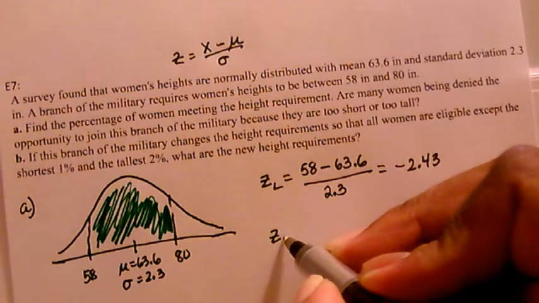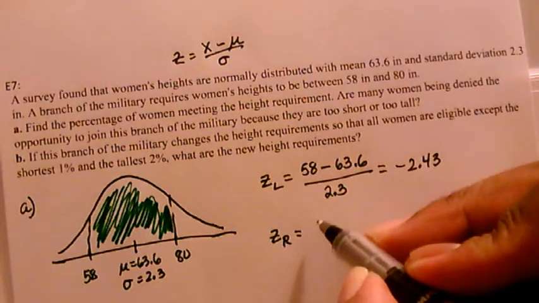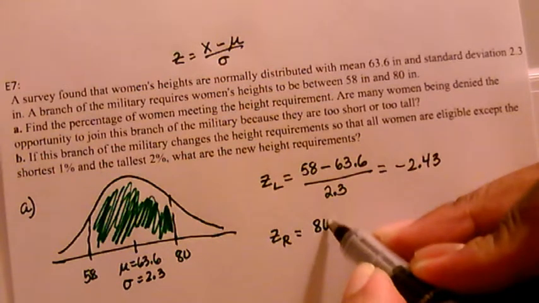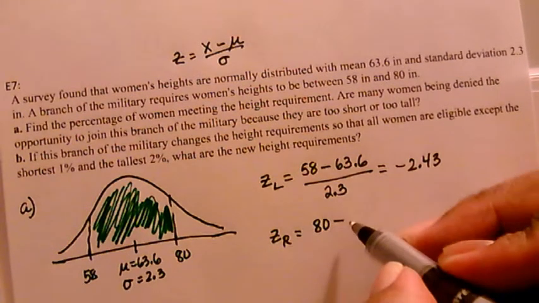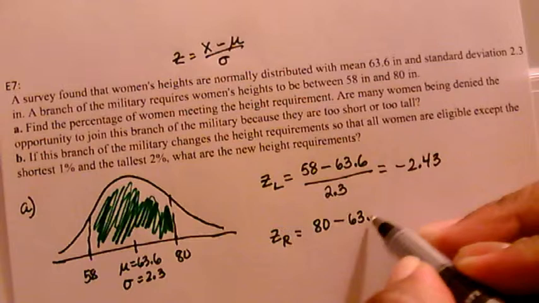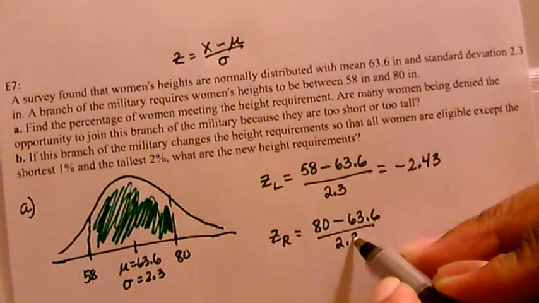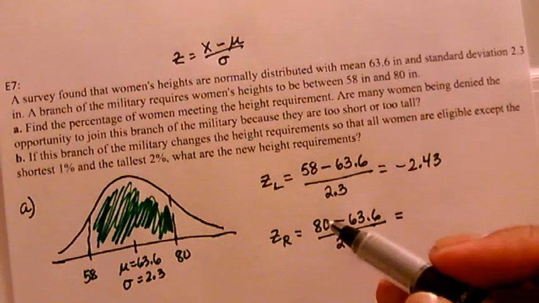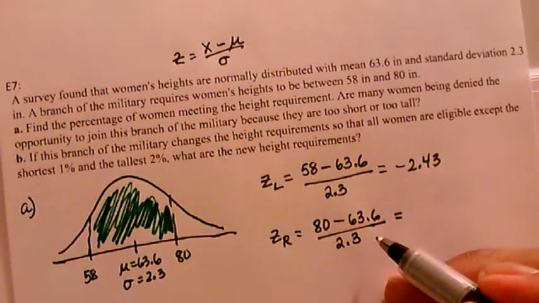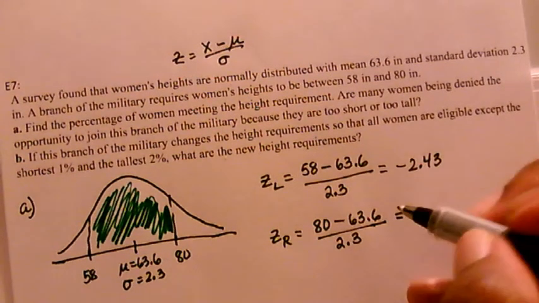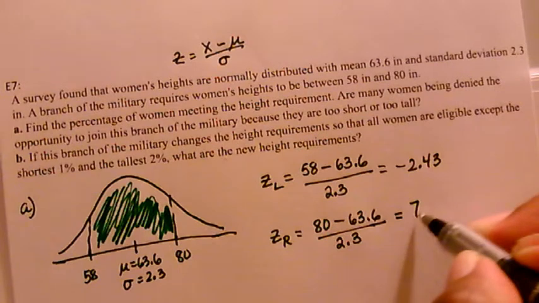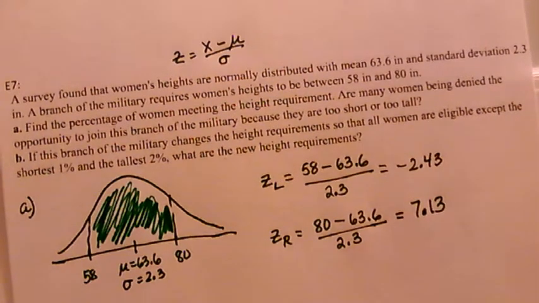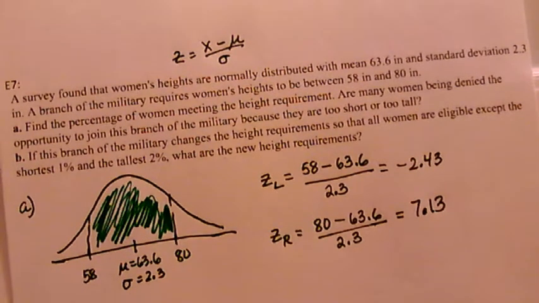And then your z value on the right, that's your 80, your x value, minus 63.6, all divided by 2.3. Remember to put the numerator in parentheses, and then divide by 2.3, you'll get 7.13 as your z-score.